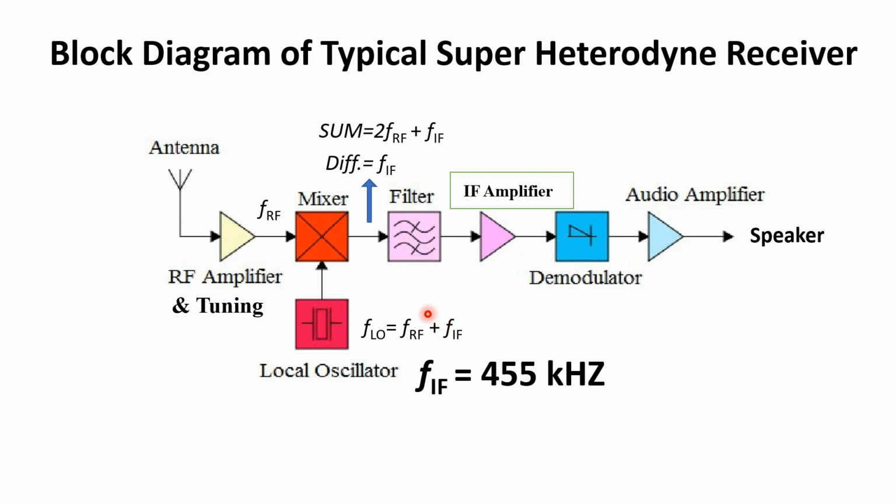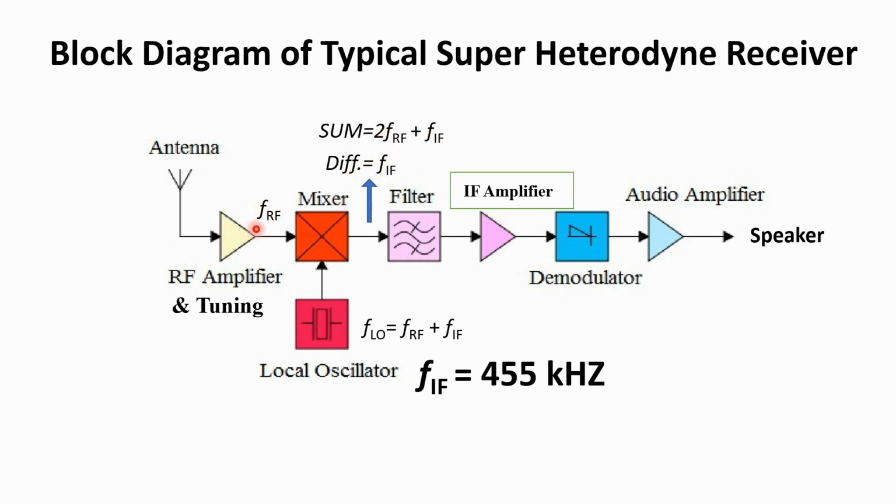Now let's see one case study, if instead of FRF, here it is frequency FRF1. The sum and difference frequency will be other than this one.